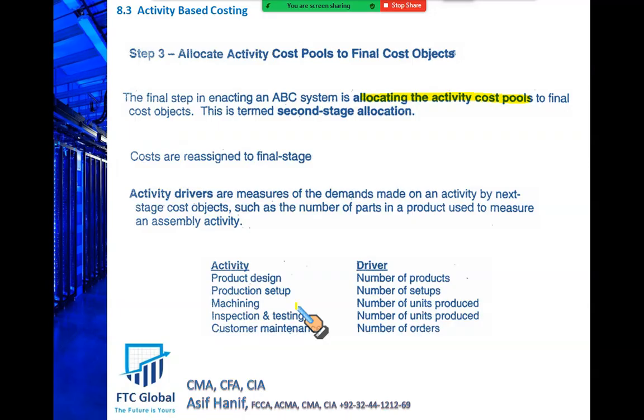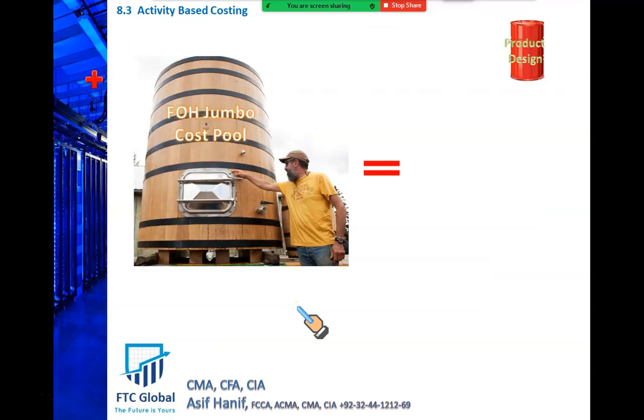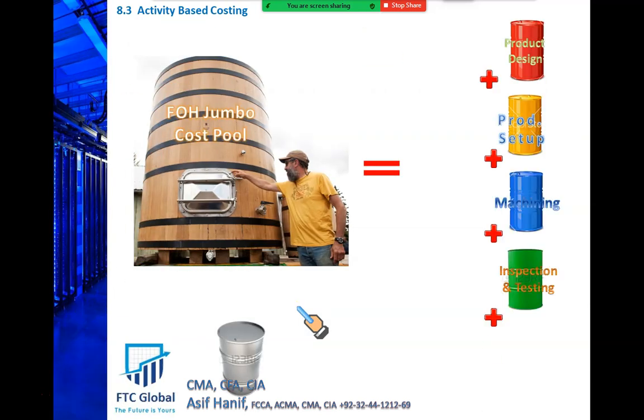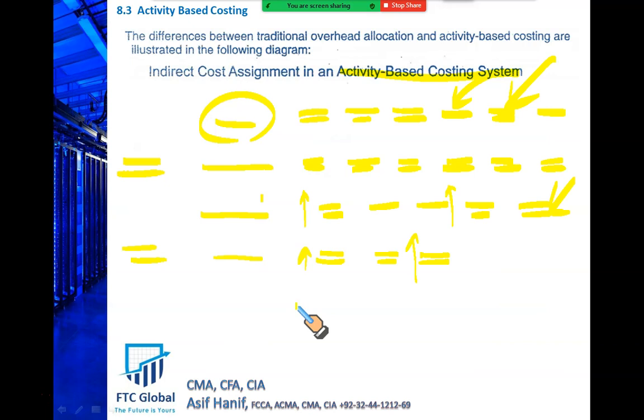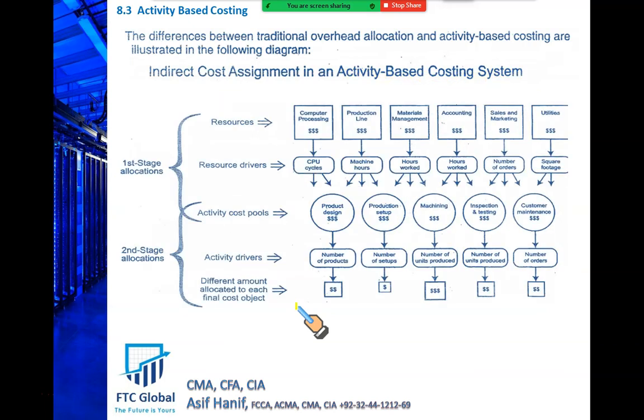I've just told you, if you go for complete ABC, 100% ABC, you will end up transferring some of your sales and marketing costs in your end product. This should not happen. You end up transferring some of your accounting costs in the end product. This shouldn't happen. This is not permitted under the IFRS.